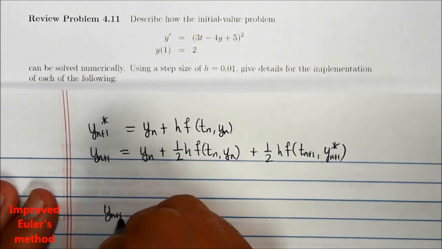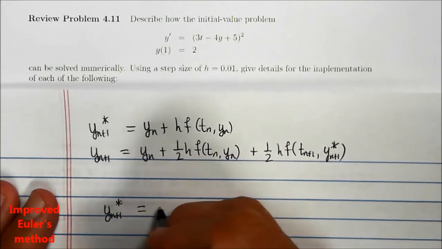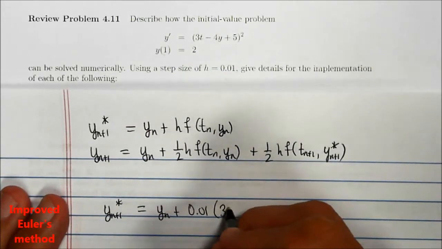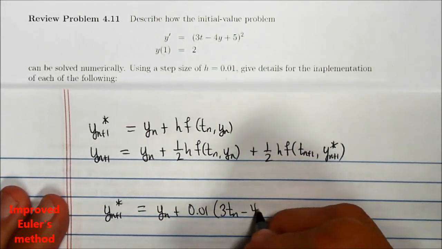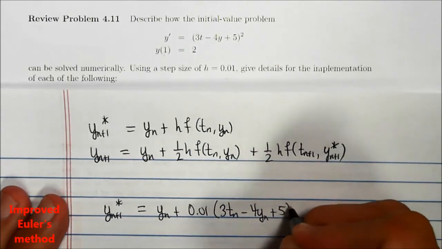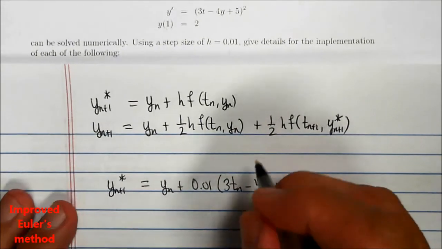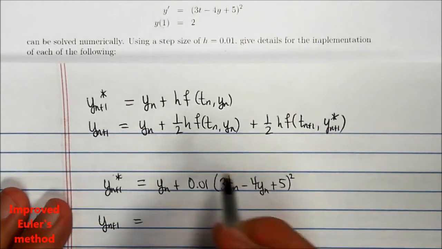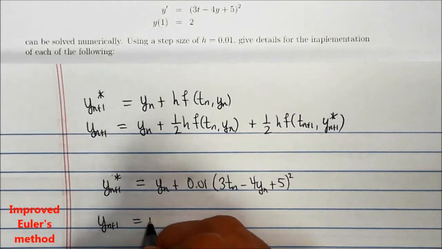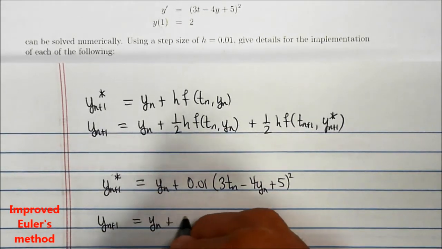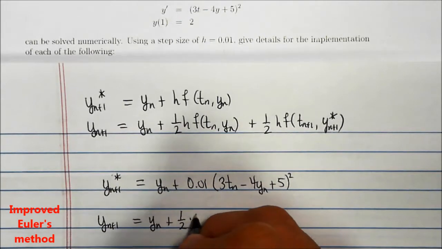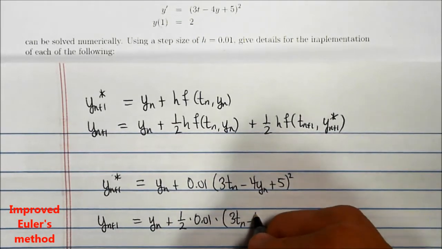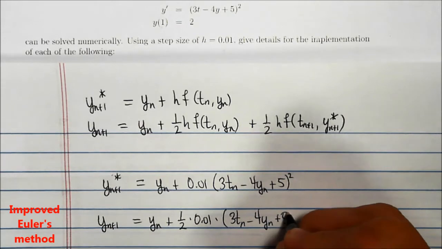So first, I've got the y sub n plus 1 star, the predictor step, has got y sub n plus 0.01 times 3t sub n minus 4y sub n plus 5 squared. And then the actual value, so that's a tool that I use to get the actual prediction. So I correct this: y sub n plus 1/2 times 0.01 times 3t sub n minus 4y sub n plus 5 squared.